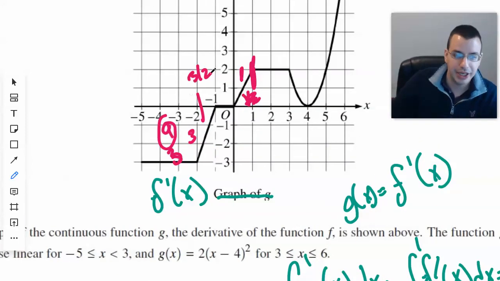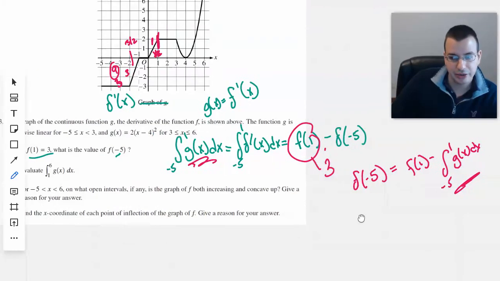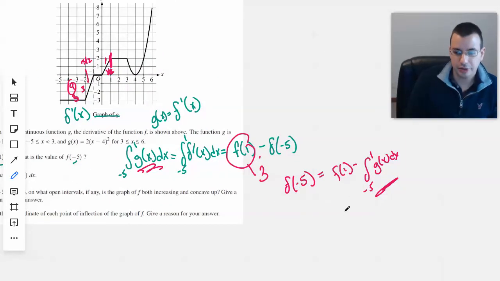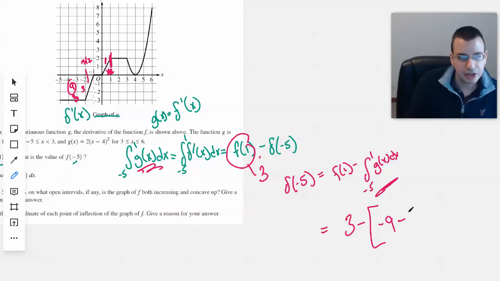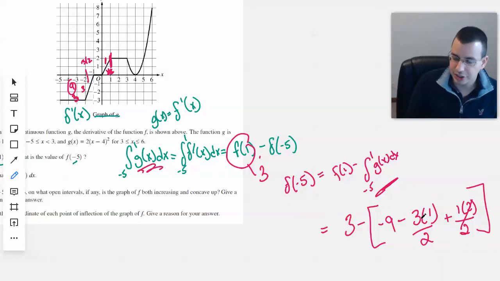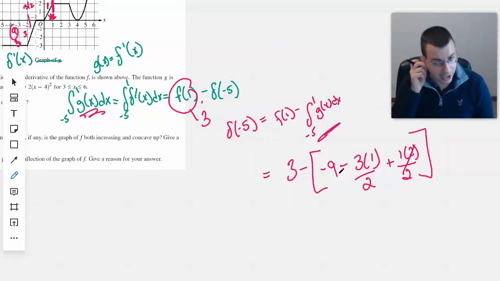So these two will be negative, and that one will be positive. Writing this out, this equals 3 minus the quantity negative 9 minus 3 times 1 over 2 plus 1 times 2 over 2. And then 9 was just 3 times 3, so those cancel.